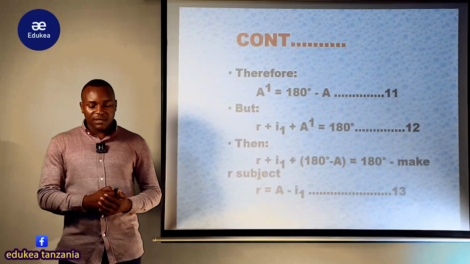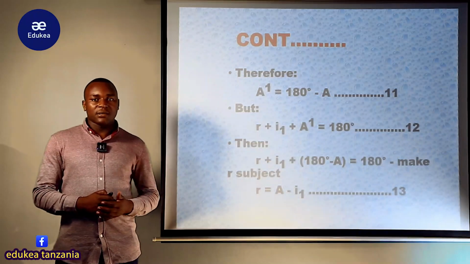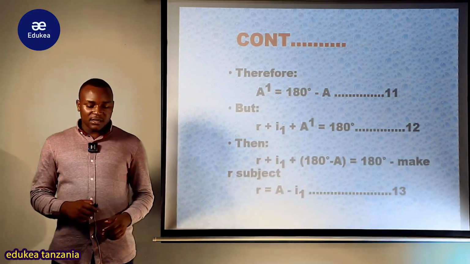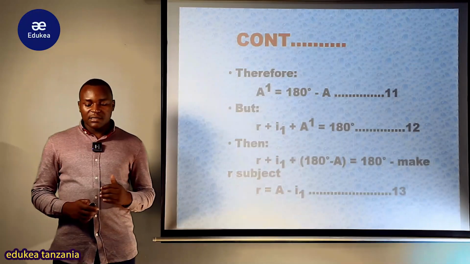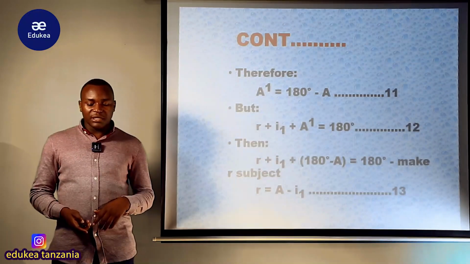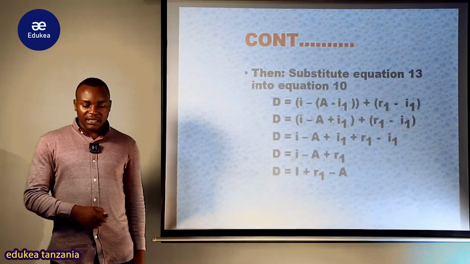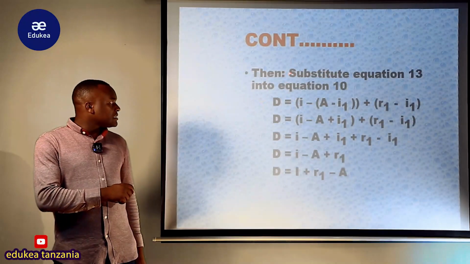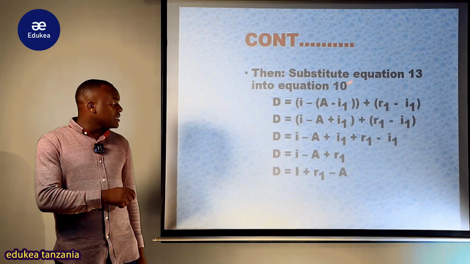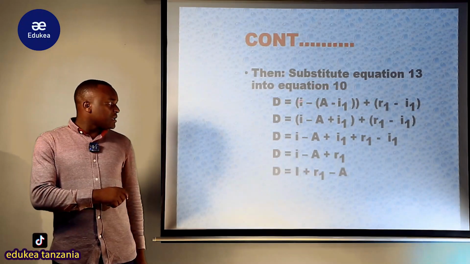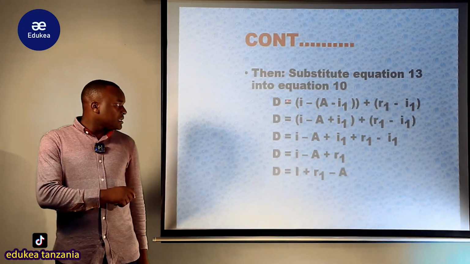Ukimake R the subject utakuta kupata R ni sawa sawa na A minus I1. Then usubstitute hii equation ya 13 katika equation ile ya 10, utapata nini? Kinachotokea ni hiki hapa kwamba substitute equation 13 into equation 10. So ukisubstitute itakuwa kama hivi.